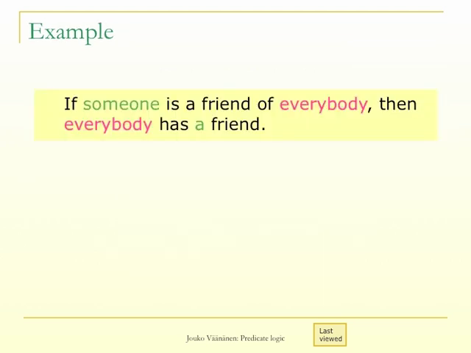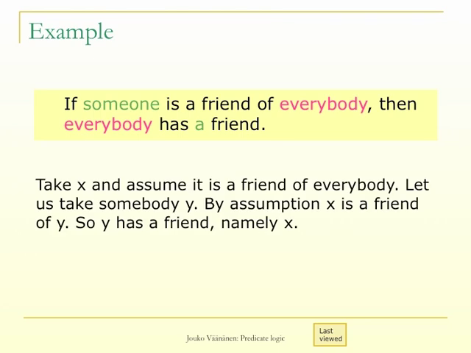Here is the next one. We want to prove by natural deduction the following inference. If someone is a friend of everybody, then everybody has a friend. Well, this sounds plausible enough, but the trick is we have to prove this by natural deduction. Let's think, why does this sound so plausible?